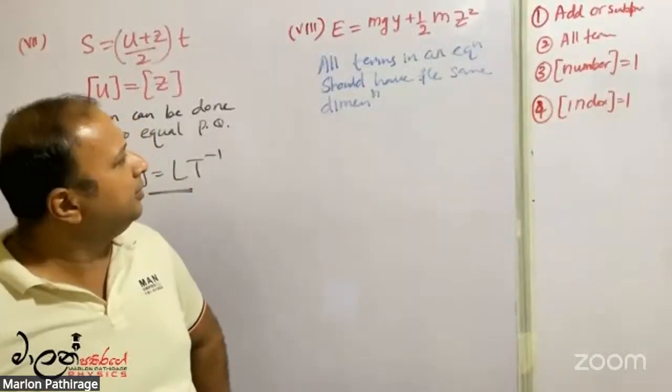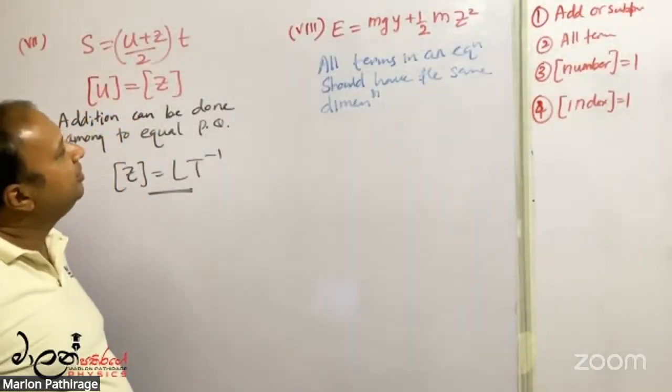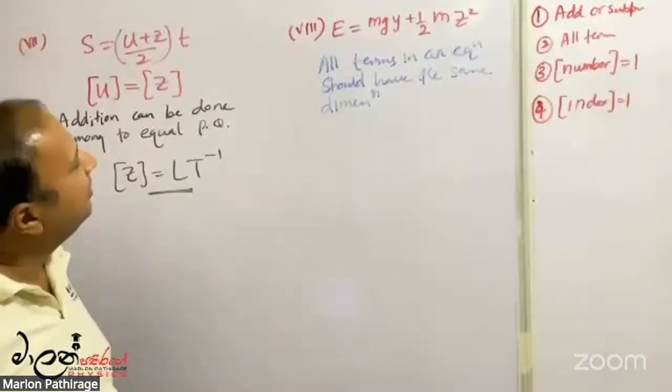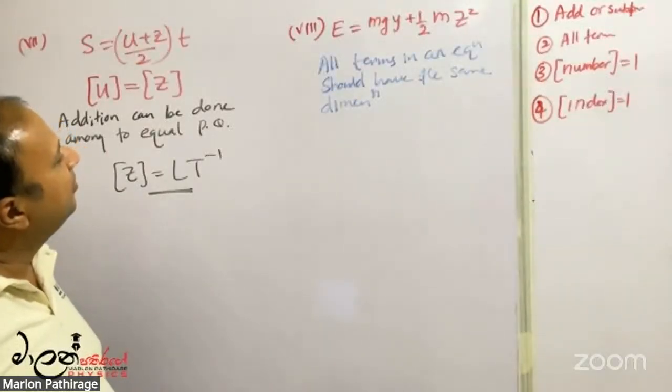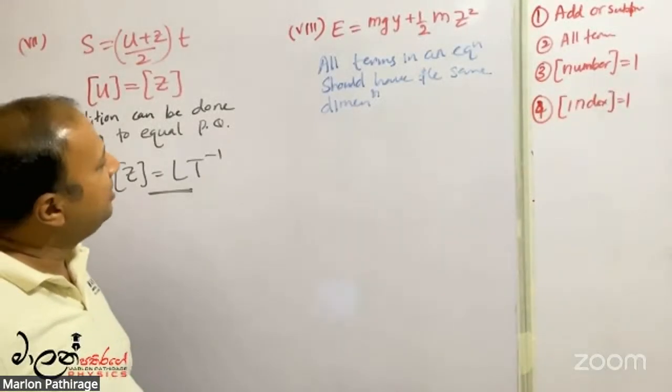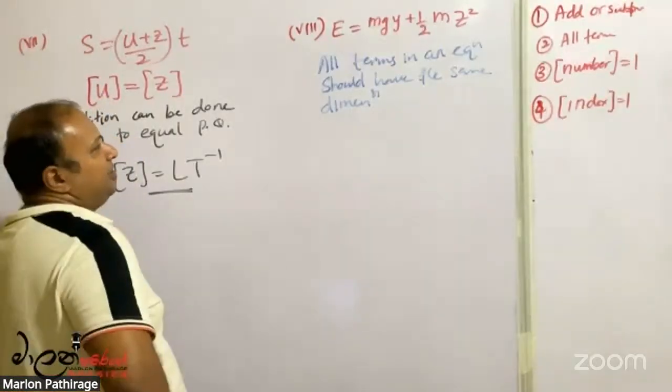Here also the addition rule, rule 1. But there is an addition with two unknown physical quantities.